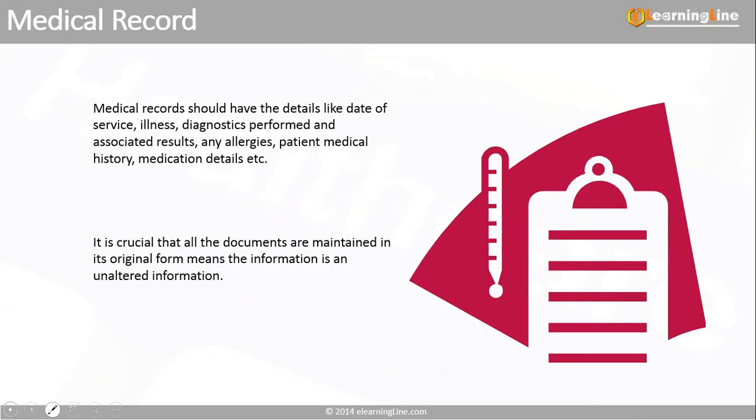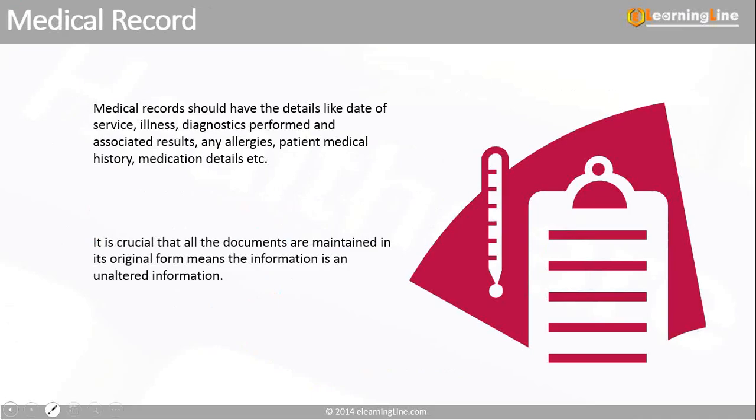A medical record should have details like the date of service, what diagnosis was performed, what the outcome of the lab result or the X-ray was, any medical history the patient has, and what kind of medication the patient has taken in the past or is taking right now.